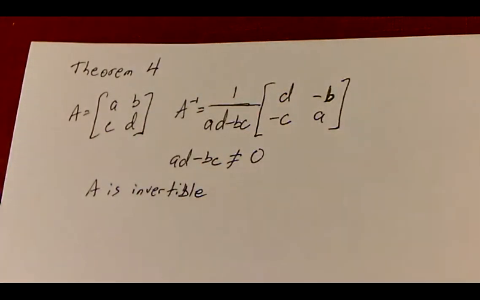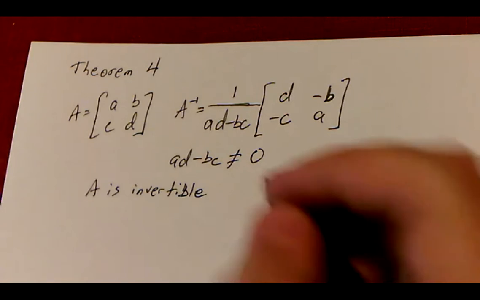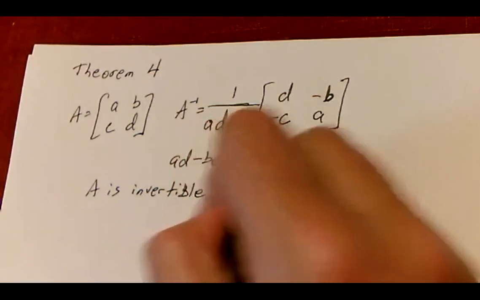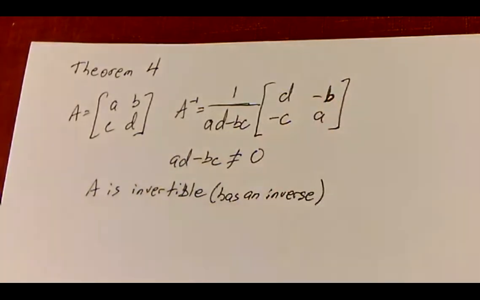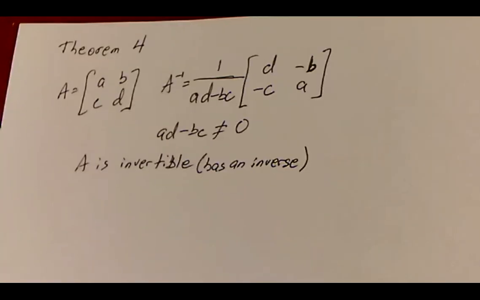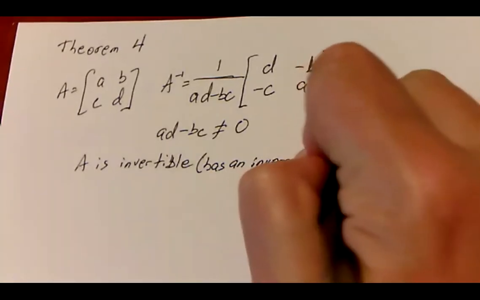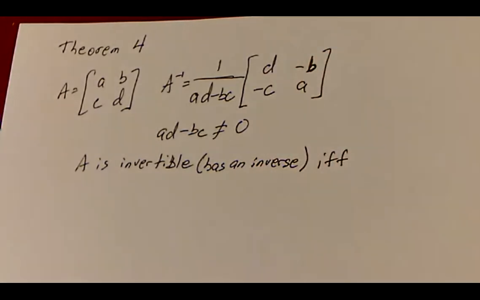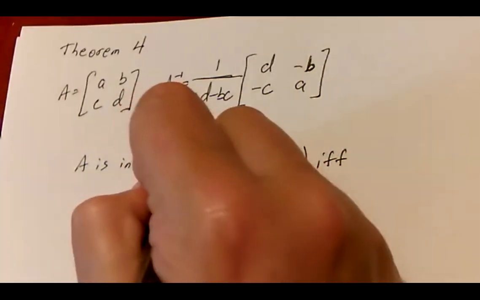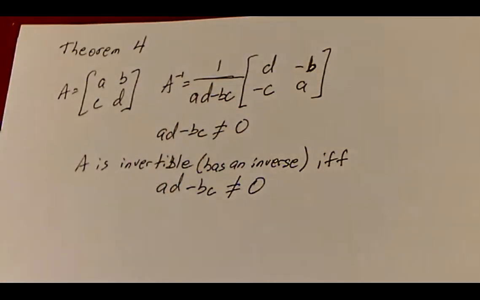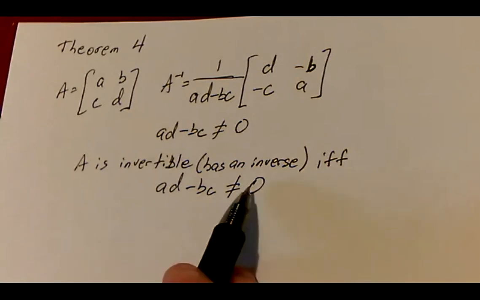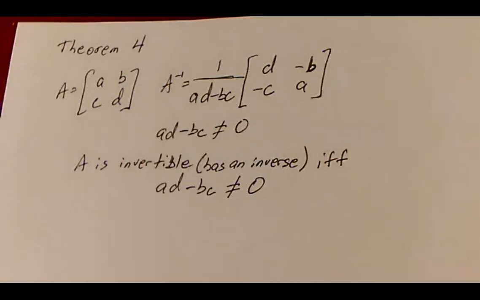Invertible means that the matrix has an inverse. So A is invertible (has an inverse), and I will not write that parenthetical every time, but since it's the first time I'm writing it here, A is invertible if and only if, IFF being the abbreviation for if and only if, AD minus BC does not equal 0. And if that's the case, this is the inverse.